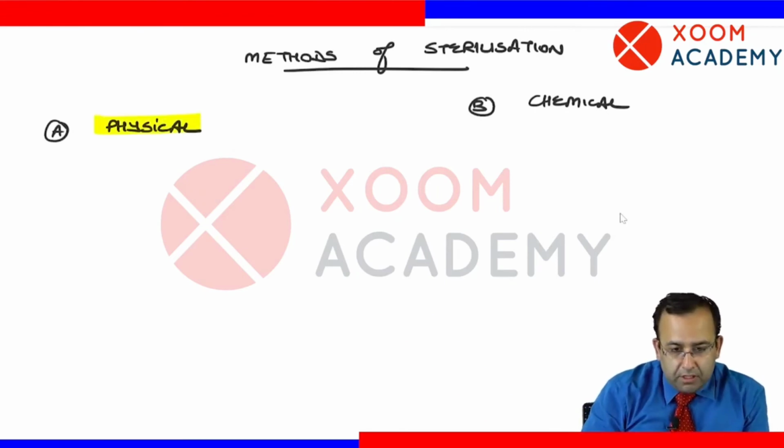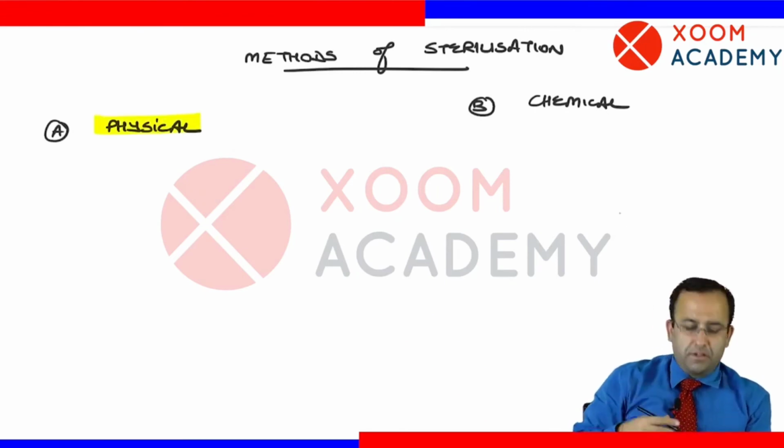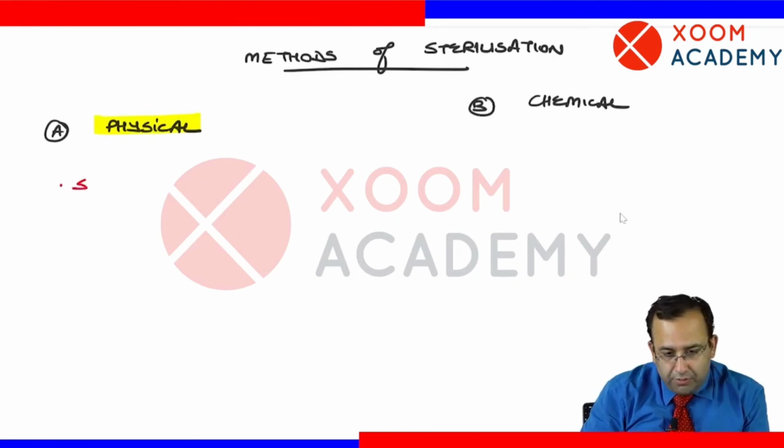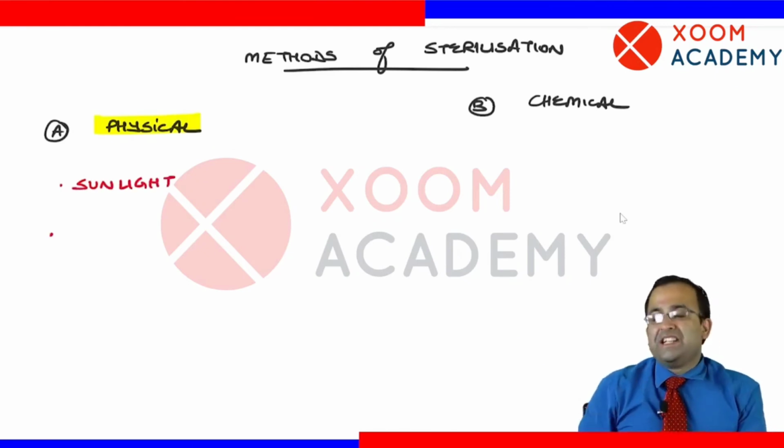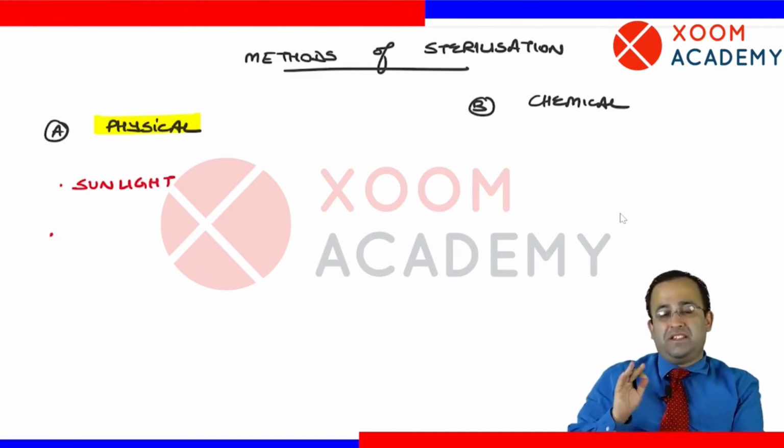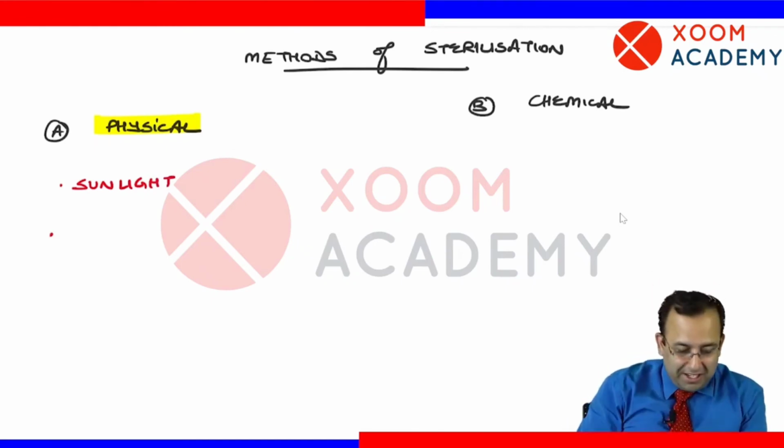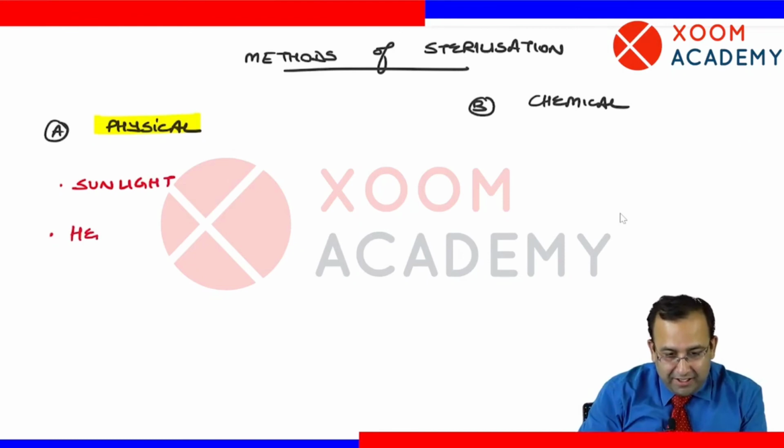Starting with the physical methods of sterilization, the first and the foremost, that is sunlight. Common sense, water, and sunlight. These are the three best sterilization methods. Sunlight. Heat. It can either be dry versus moist heat.